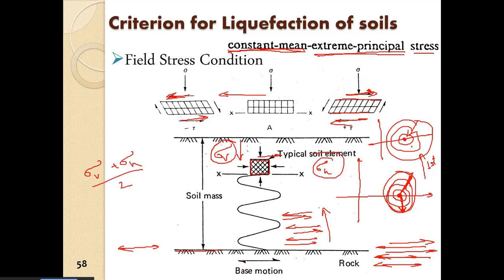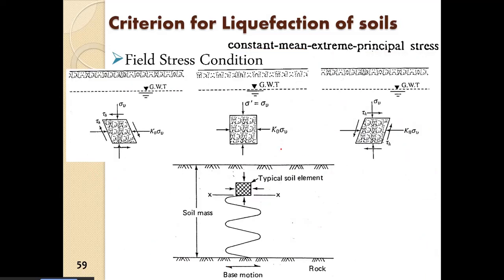That is what we have to replicate in the laboratory. Here the horizontal stress and vertical stress are all constant. When there is an earthquake, there is only reversal of the shear stresses.